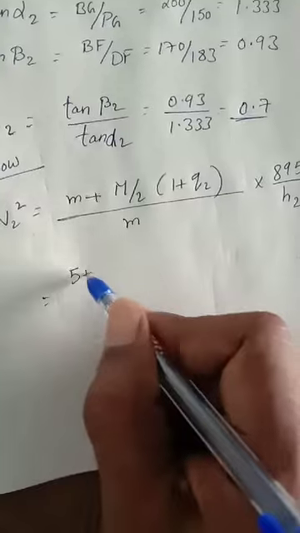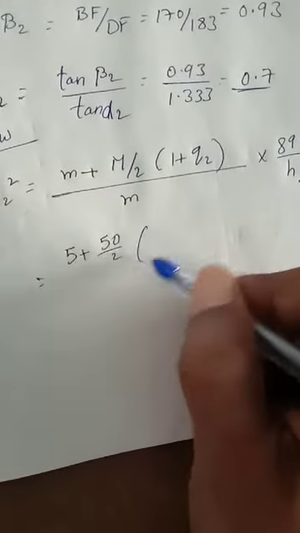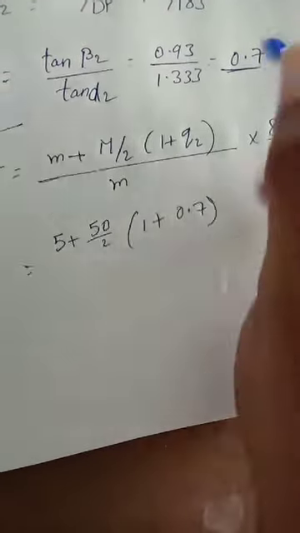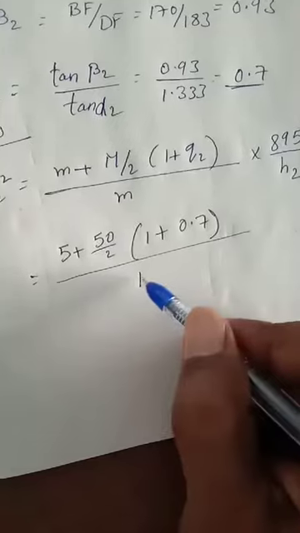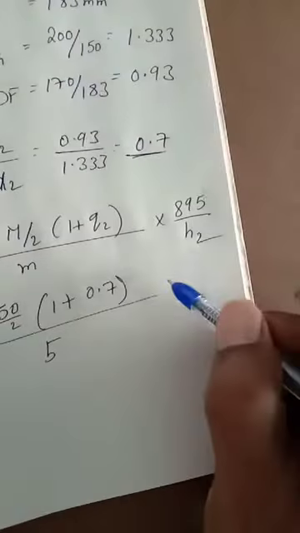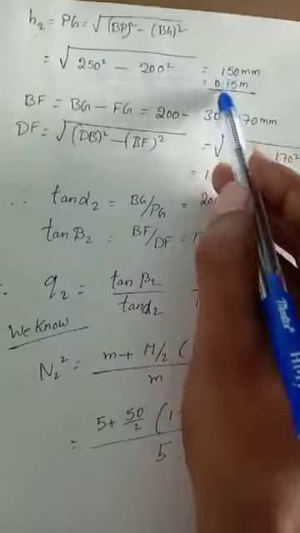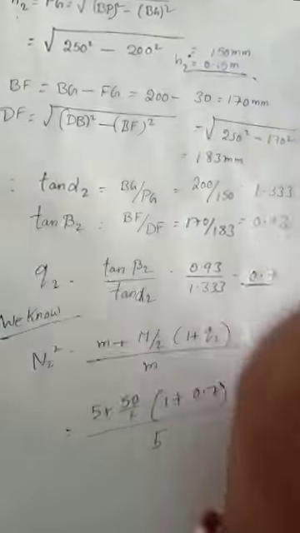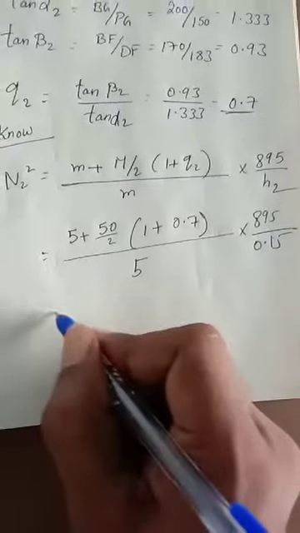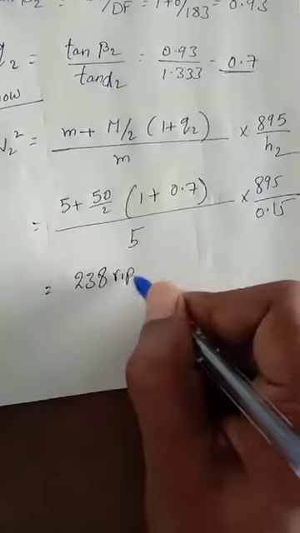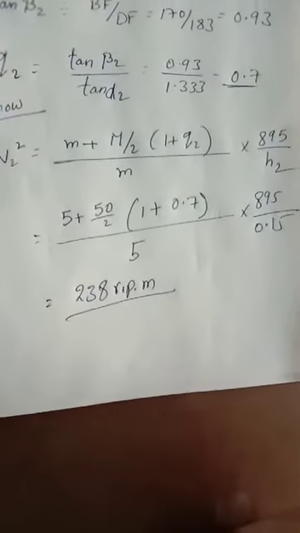Then substitute these values. 0.7, and then 5 into 895, 0.15 is the H value. Calculate this, and you will get the answer, 238 rpm.